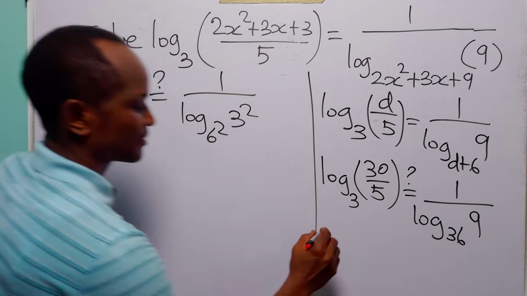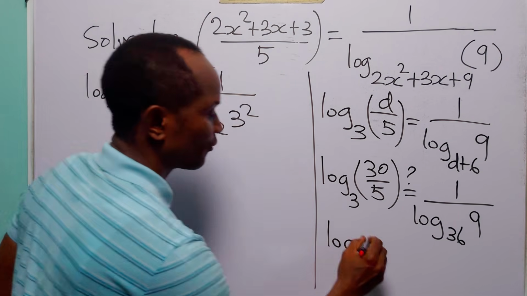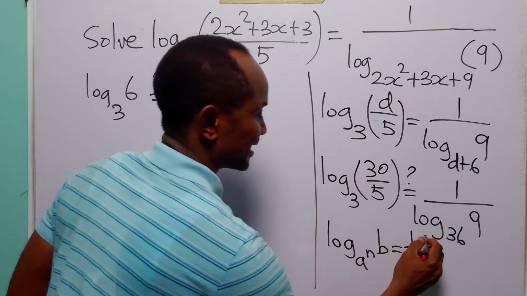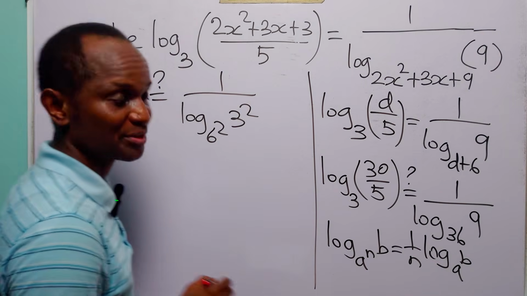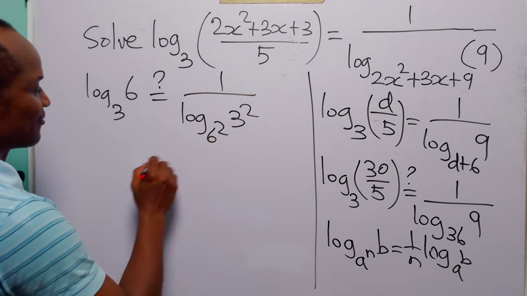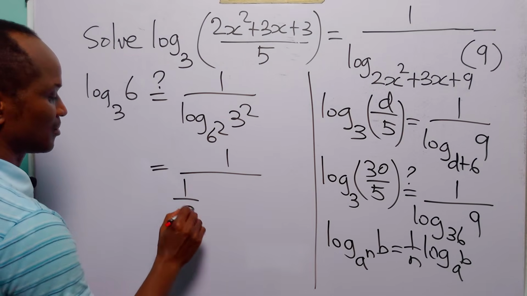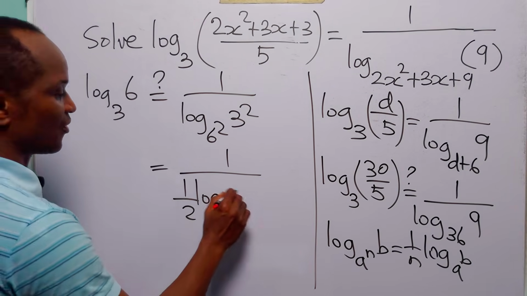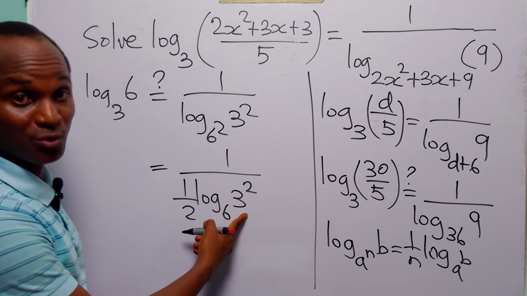36 is 6 squared and 9 is 3 squared. Now, remember that log base 3 to the power n of b is equal to 1 over n times log base 3 of b. So that means that we can write this as 1 over 2 times log base 3 of 3 squared. And of course, we can apply the power rule to this.